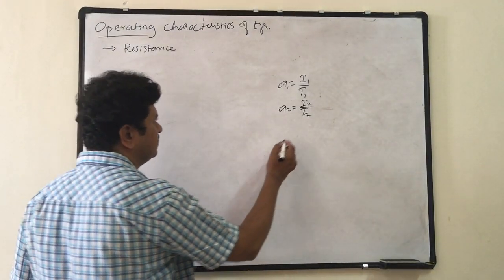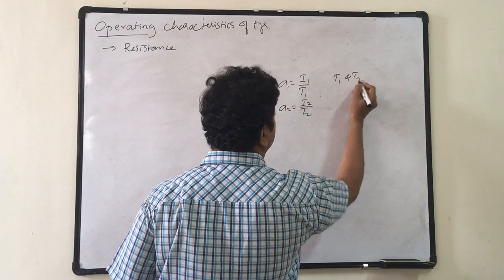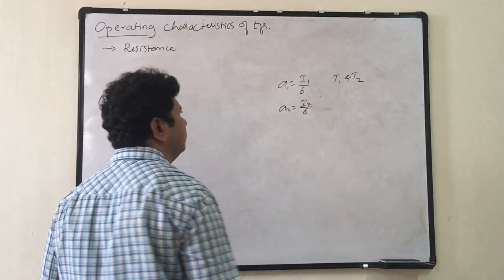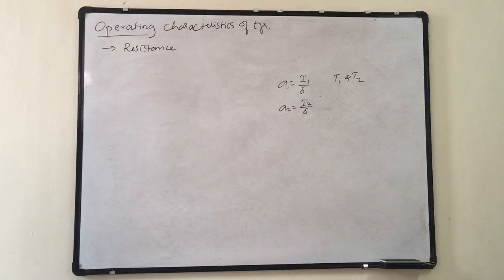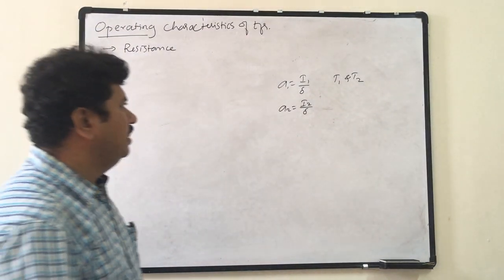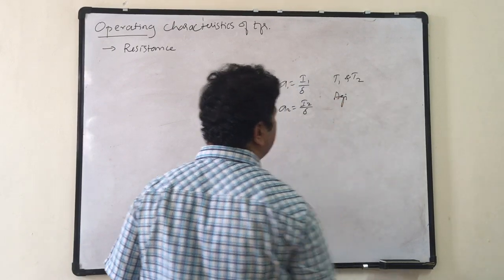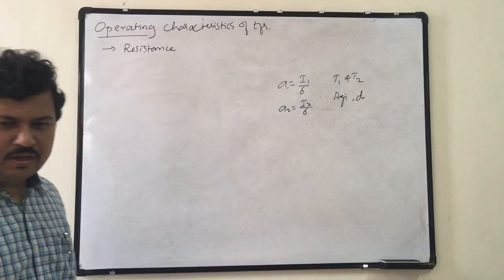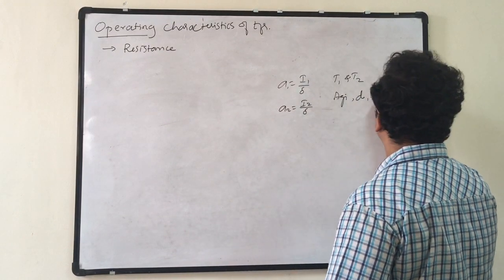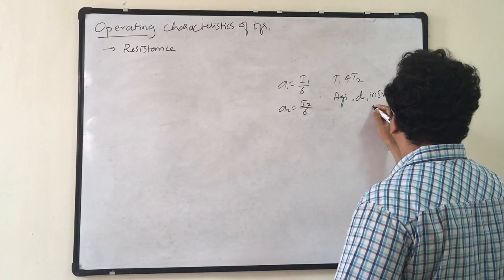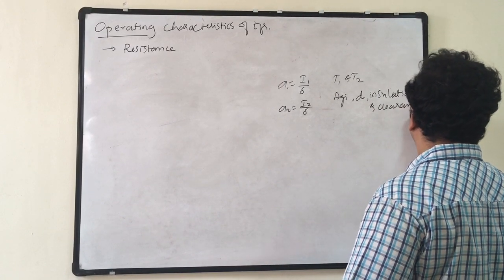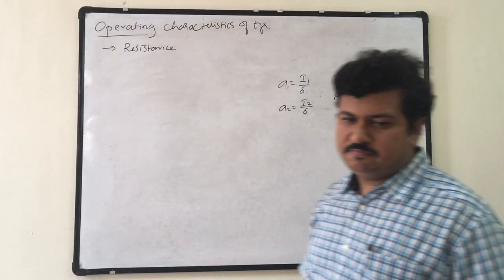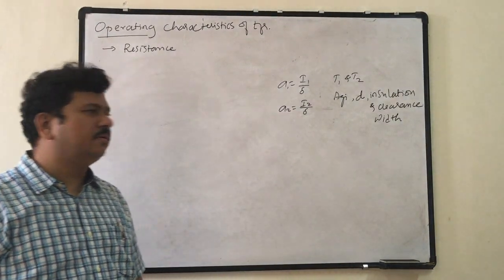If I know the number of turns T1 and T2, that is the number of turns in primary and secondary, the gross area of iron, the diameter of circumcircle, and also the insulation and clearance width, I can get the length of mean turn of each winding, primary and secondary.